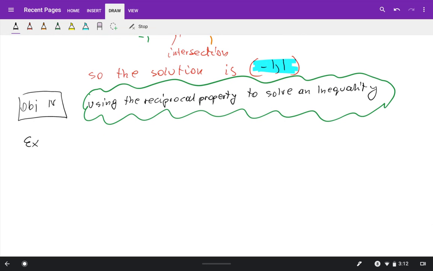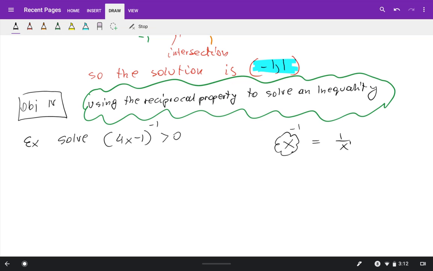Solve the inequality 4x minus 1 to the power of -1 is greater than 0. Just remember that an expression to the power of -1 means take the reciprocal of your expression, which is the same as 1 over x to the power of 1.